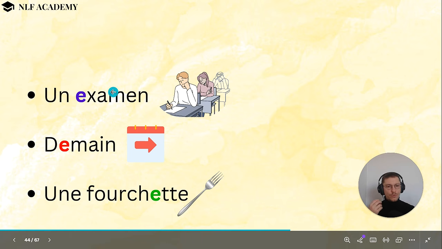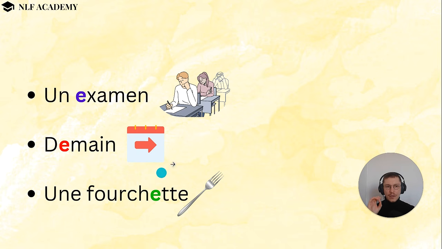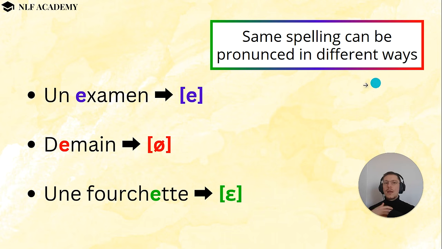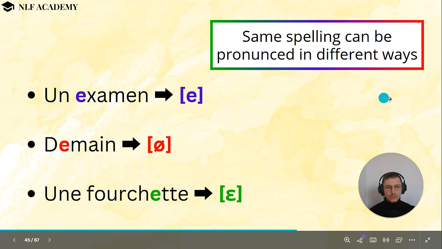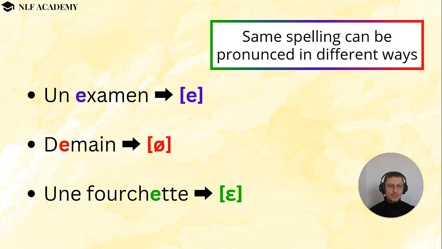I have three different sounds here. So, amazingly enough, the exact same letter, the exact same spelling, can be pronounced in different ways, depending on the words, depending on the other letters around it. So again, that's why we need these little drawings to represent the sounds, so we know what we are talking about. Très bien.